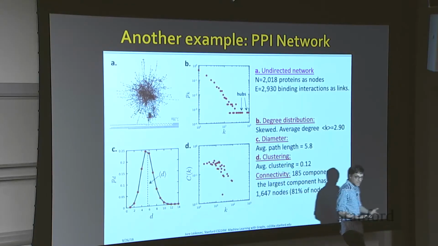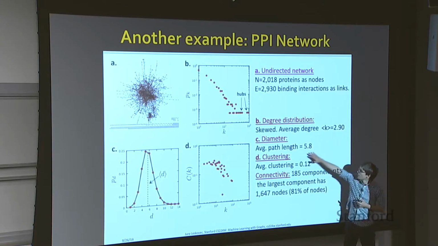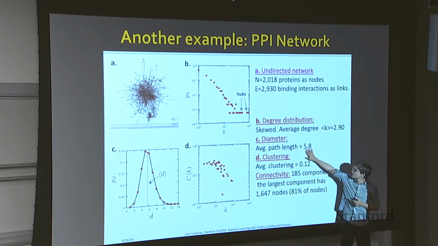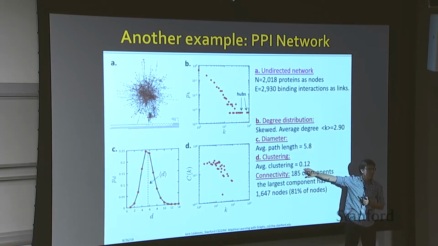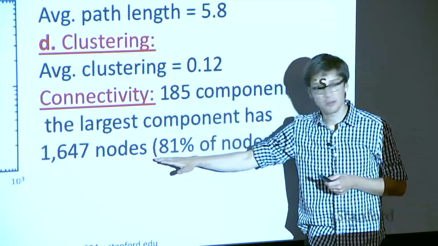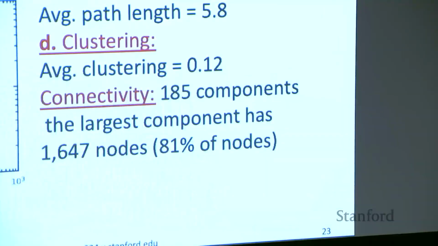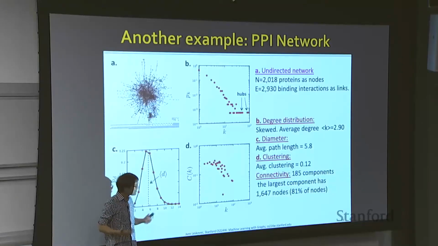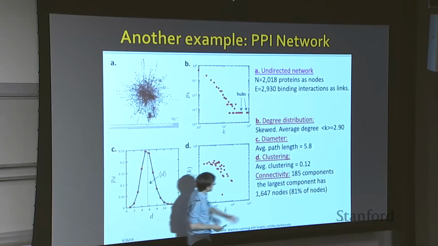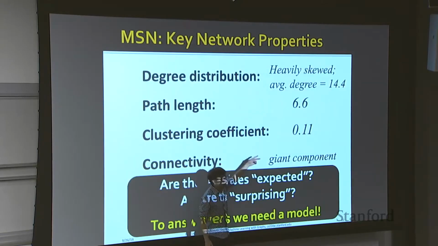So for a network coming from a very different domain, average degree is about 3, shortest path length is 5.7, clustering is 0.12, my network had 0.11, and connectivity is that 81% of the nodes are in the largest connected component, right? So even, thinking as a physicist, these things look about the same order of magnitude as what I had here, right?